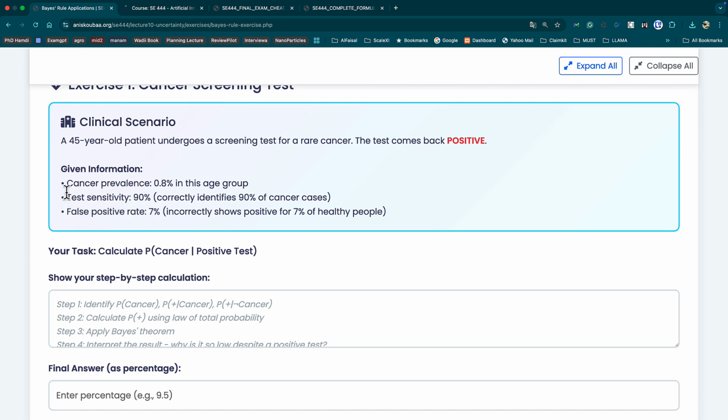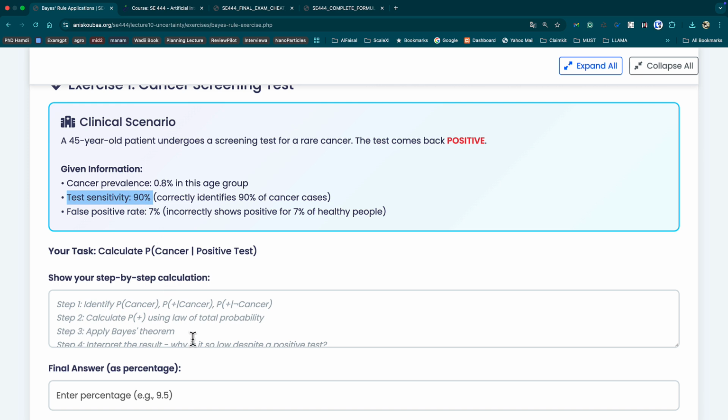So now we have the same as the previous example. So what is missing now? I want to calculate the probability of cancer given a positive test, which is equal to the probability of a positive test given cancer multiplied by the probability of cancer, divided by the evidence, the probability of the evidence. Now I have both of them. I have this and I have this. Here's the likelihood.